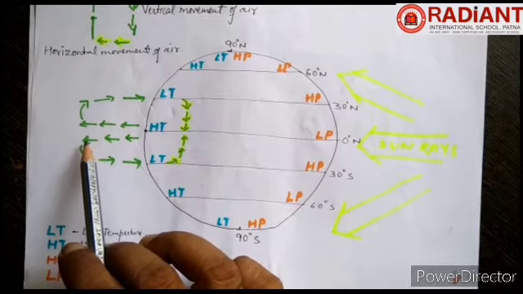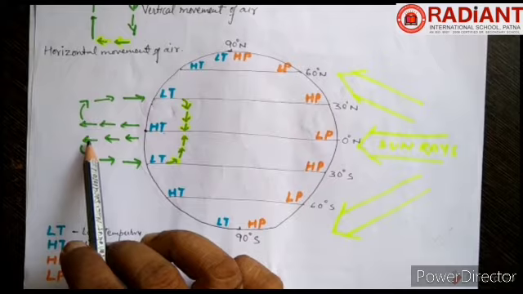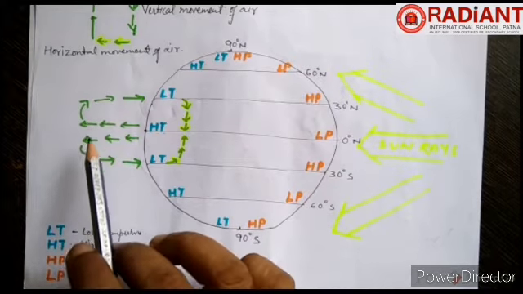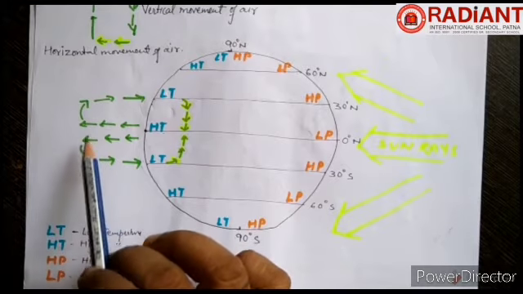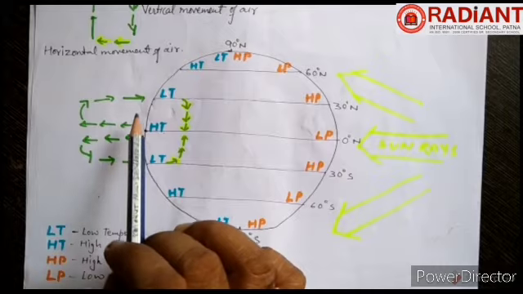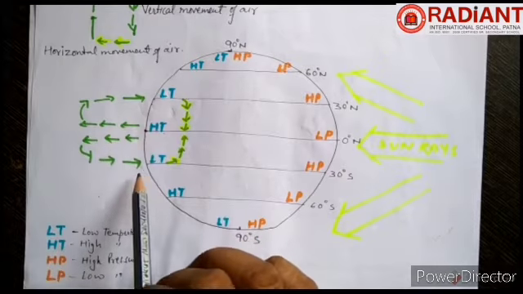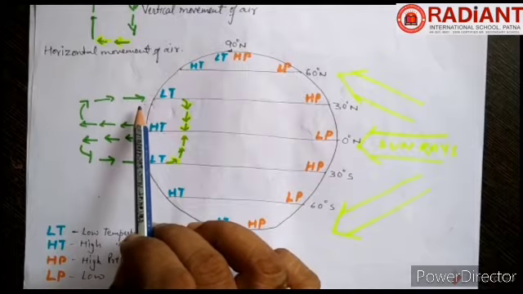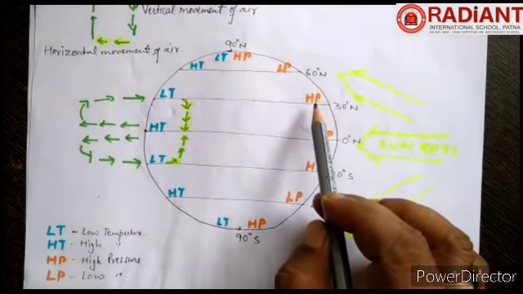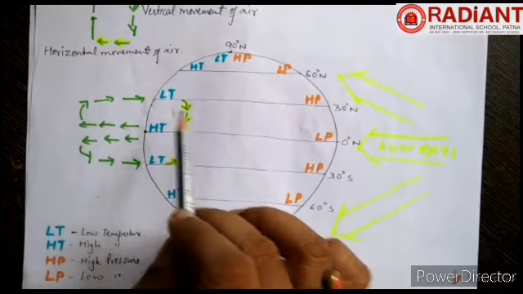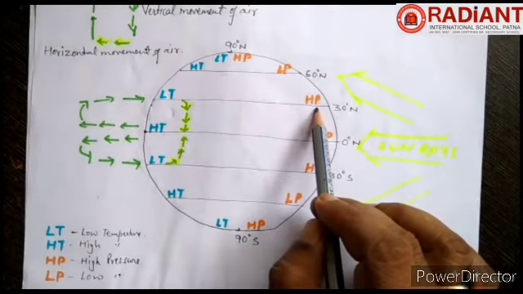It will become heavy and not be able to move upwards, so it moves in the horizontal direction. You can see the adjoining areas from 0 degree to 30 degree north and 30 degree south, the air will start to sit over there. This leads to the high pressure area. When the air starts sitting, it becomes a high pressure area.